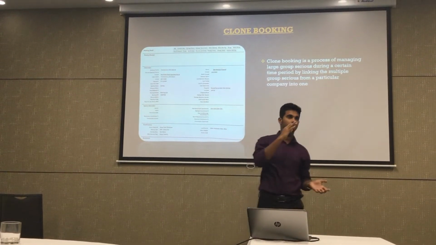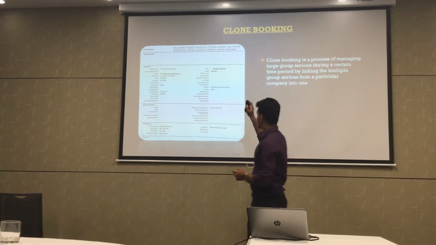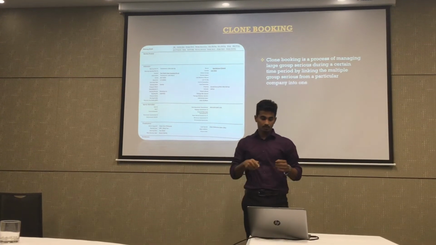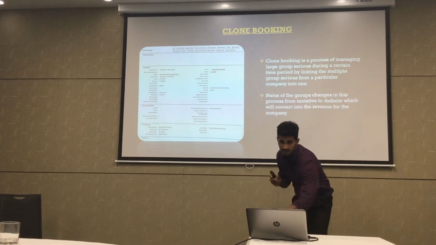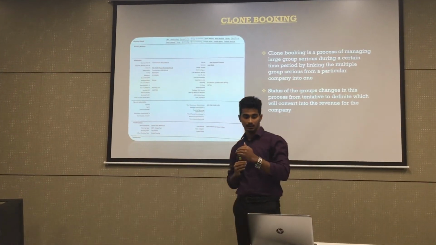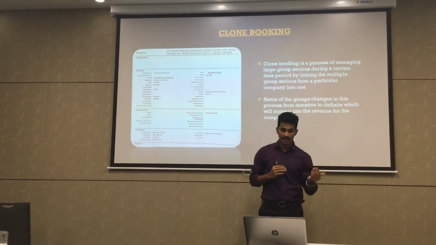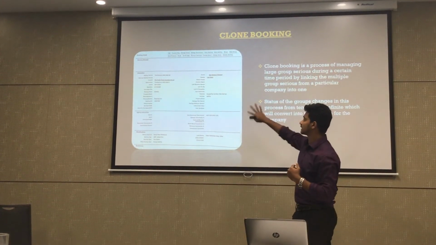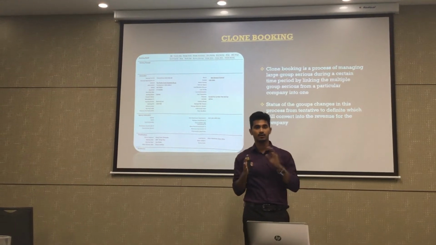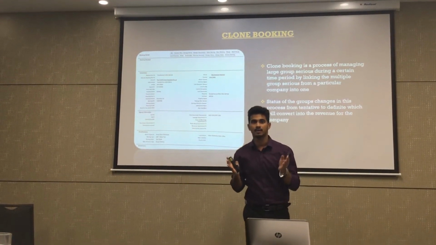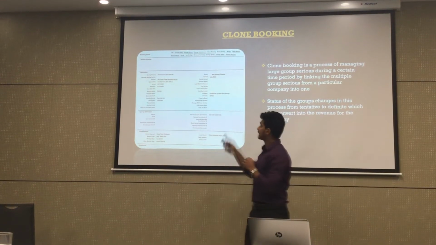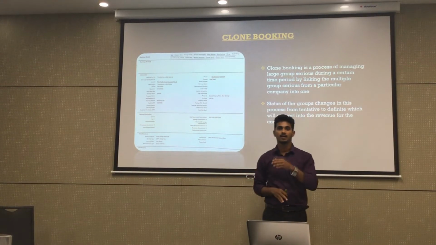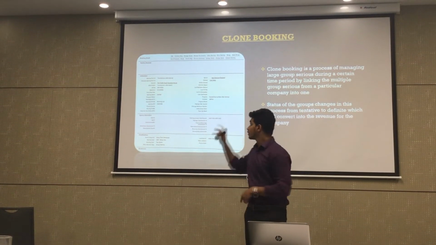So all the groups will be cloned together by using this system, and in this system there are two different things, which is the status of a group, definite and tentative. If it's tentative, the group will still be in the system, but the revenue of the group to the company won't be converted. Once it is converted, we will change the status into definite, then the revenue will be added to the company's revenue. That's how the cloning works.